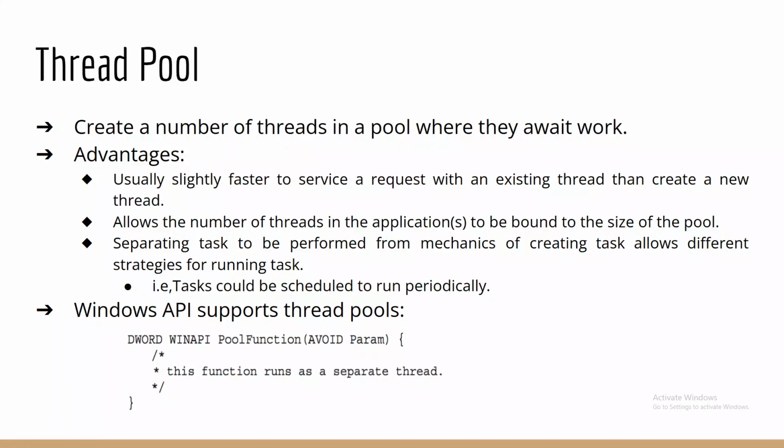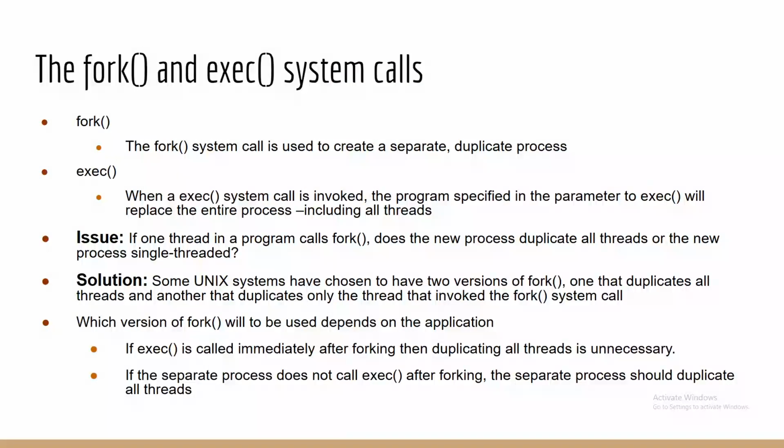In this video, we'll cover some important issues, potential pitfalls you need to be aware of when programming with threads. In Unix-like systems, the fork system call is used to create a new process by duplicating an existing one.